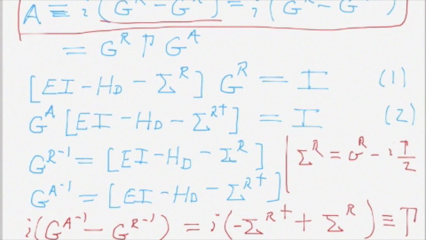So negative sigma dagger is just, too many minus signs now, I'm getting confused. Sigma dagger is a plus I gamma over 2, so this sum here gives me minus I gamma. And then you multiply the whole thing by I, and you get gamma, right?